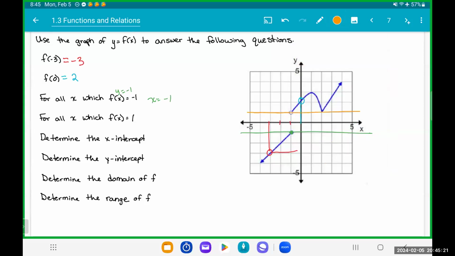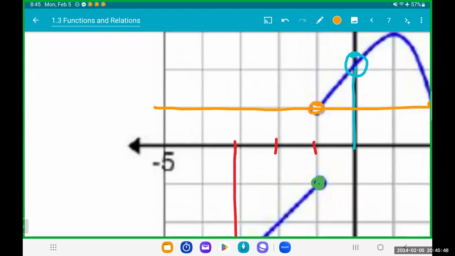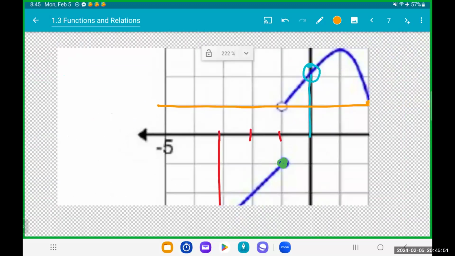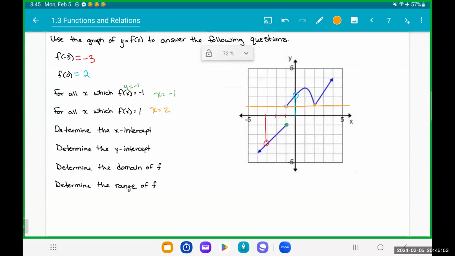So I come here and that's this. This is a hollow, so that is not included. This is a solid, so it is. And so that is where x is equal to 2. Don't include the hollow dot. I'm going to erase that hollow dot just so that it doesn't muddy up the picture for you.